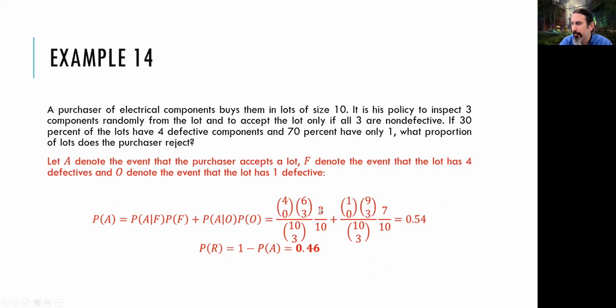For example, as you can see here, we first pick the 4 defective box with probability of 30%, 3 over 10. We are picking the 4 item defective box. In here, we pick 0 defective items and then pick 3 non-defective items.